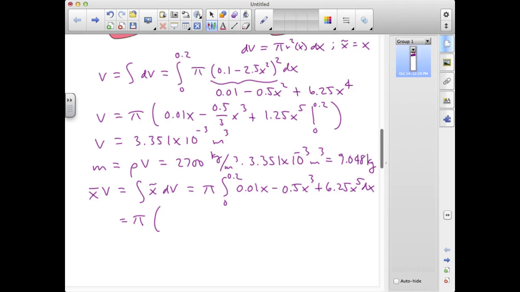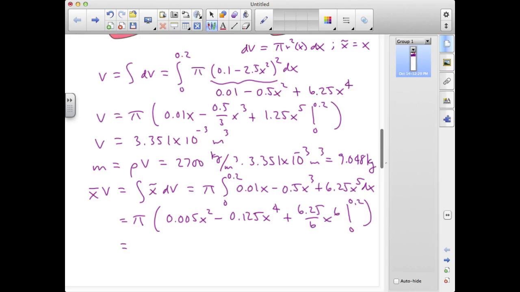That integral is 0.005 x squared minus 0.125 x to the fourth plus 6.25 over 6 x to the sixth, evaluated between 0 and 0.2 meters.